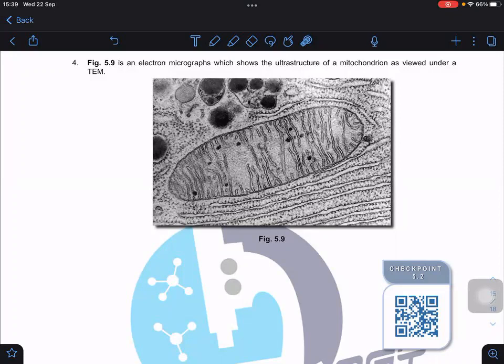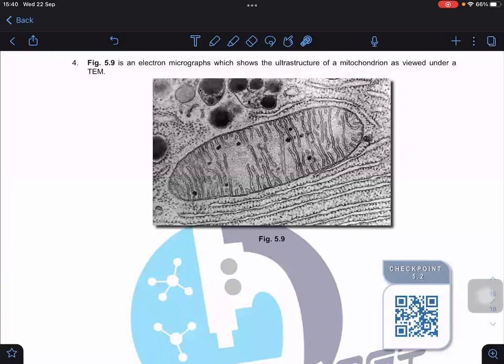Okay, and you can see that the inner membrane and outer membrane form a very narrow space here known as the intermembrane space. This intermembrane space is to accumulate the protons so that we can generate a high concentration of protons, or what we call steep proton gradients. And then you can see the dots? Those dots are actually the matrix of the mitochondria.